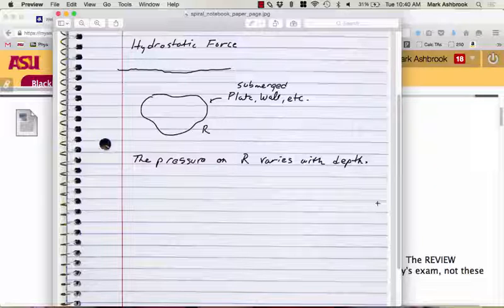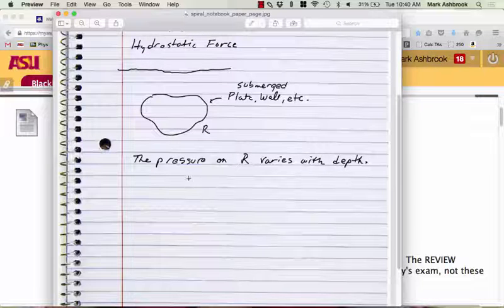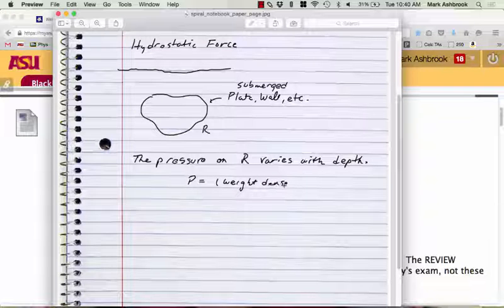And then the deeper that you go, and it's actually just linear, right? It's just linear. So pressure equals the weight density times depth.